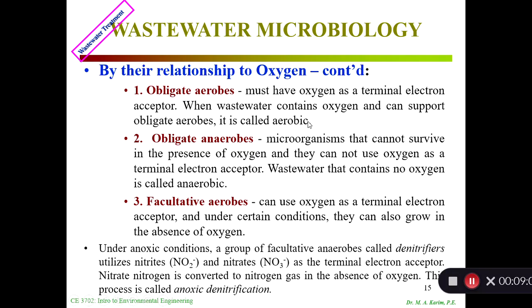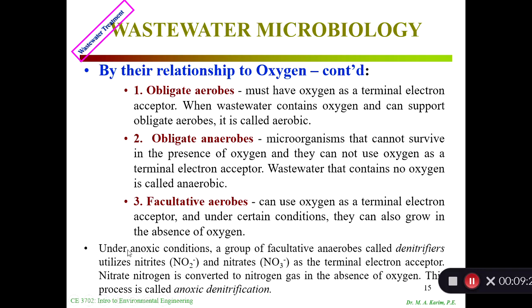It is called aerobic. And obligate anaerobes cannot survive in the presence of oxygen. They cannot use oxygen as a terminal electron acceptor. When it contains no oxygen it is called anaerobic. Facultative can use oxygen as a terminal electron acceptor. Under certain conditions, they can also grow in absence of oxygen. So these are the 3 groups.